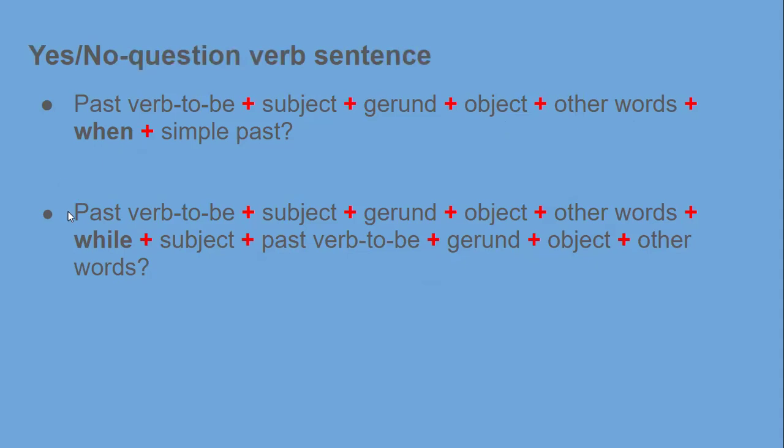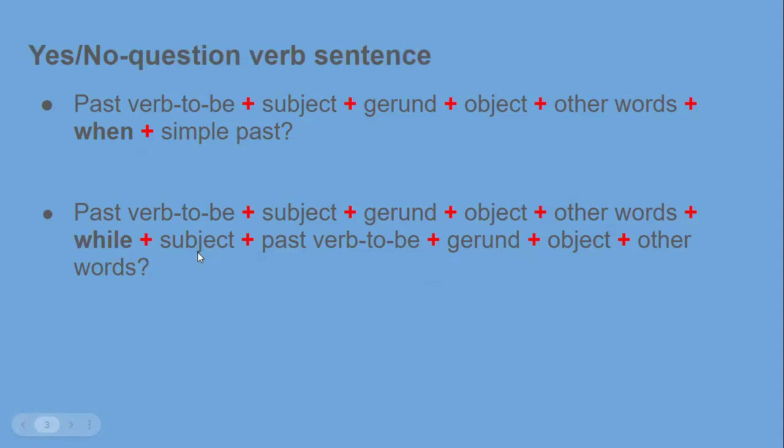And then if you have two actions that were happening at the same time, moment or event in the past, then you should use this structure here. The past verb to be, the subject, the gerund, the object, other words, and then we connect the two actions using while.